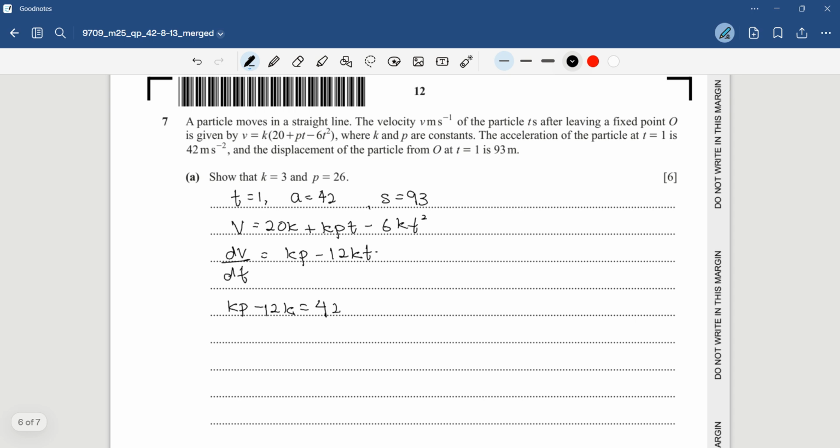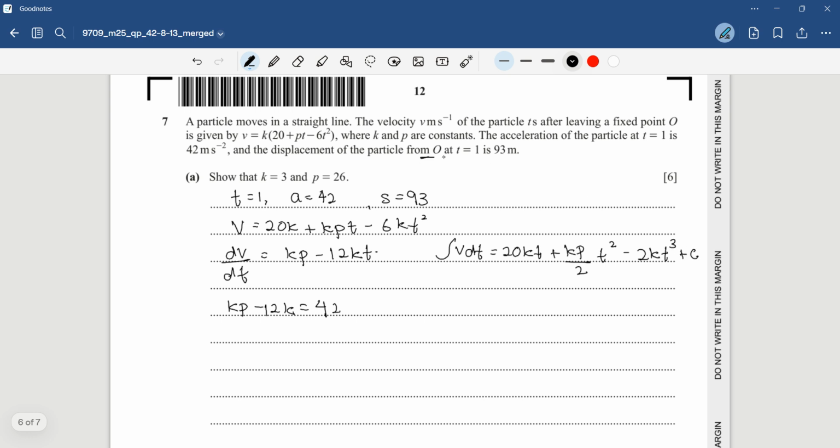Question 42. Then they said displacement. For displacement, I need to integrate this. Therefore, integrating v dt gives 20kt plus kp over 2 t squared minus 6 over 3, 2kt cubed, plus c.